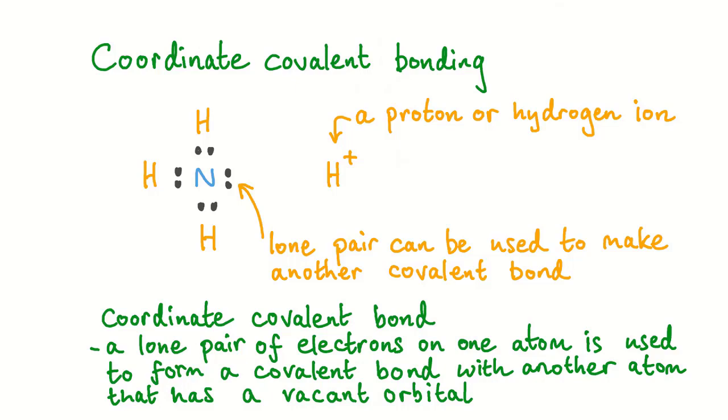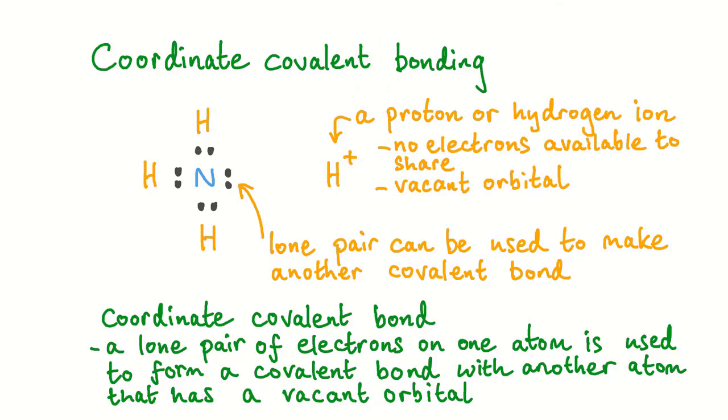The atom donating the electron pair into the coordinate covalent bond is called the donor atom. The atom receiving the electron pair must have a vacant orbital. In this case, the proton or H+ ion can accept the lone pair of electrons into its vacant orbital.